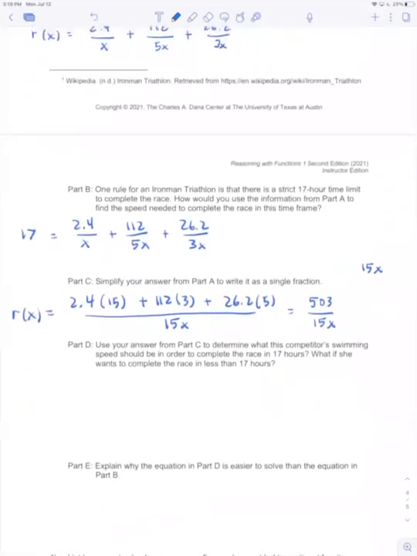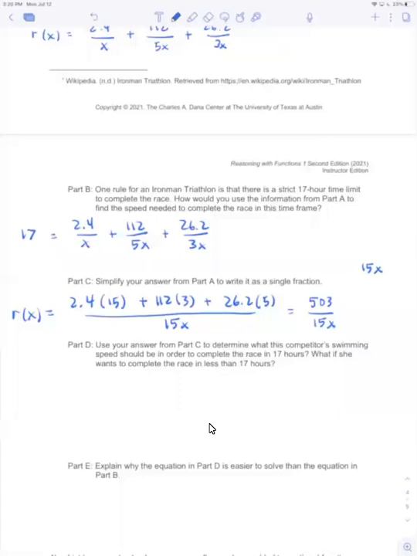And what we could do is, all right, we could write R of X would be R of 17 is equal to 503 over 15 times 17.